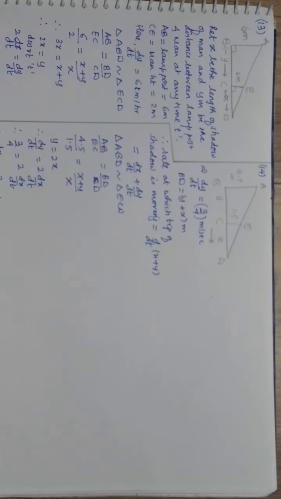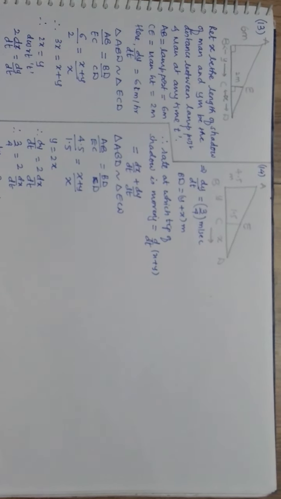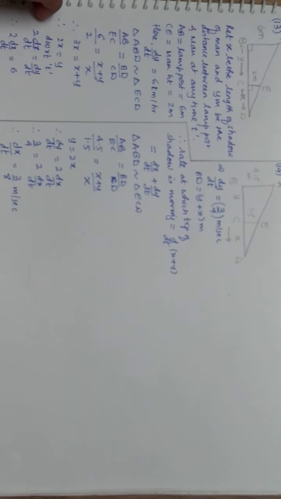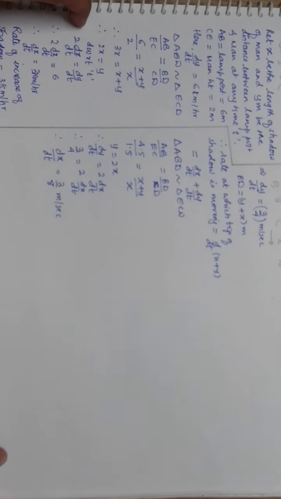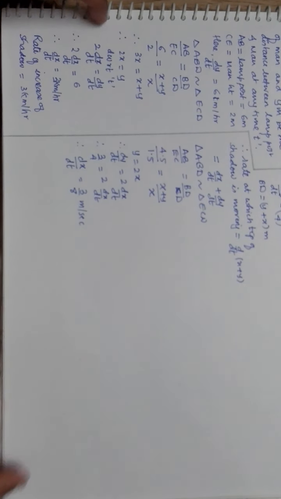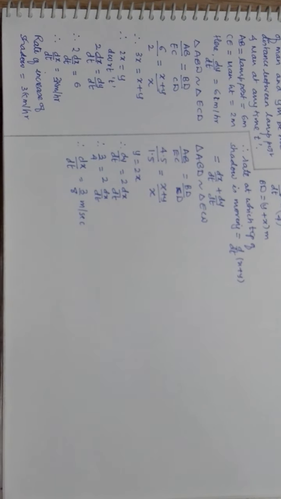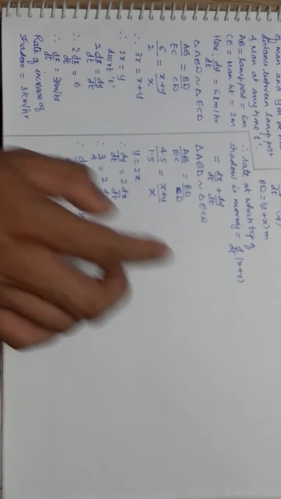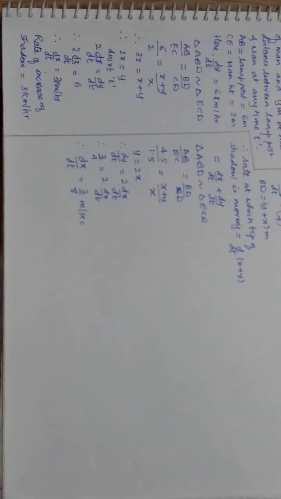That is dx by dt is nothing but the change in the value of x. Value of x means x is changing. So x is changing, that means shadow is changing.